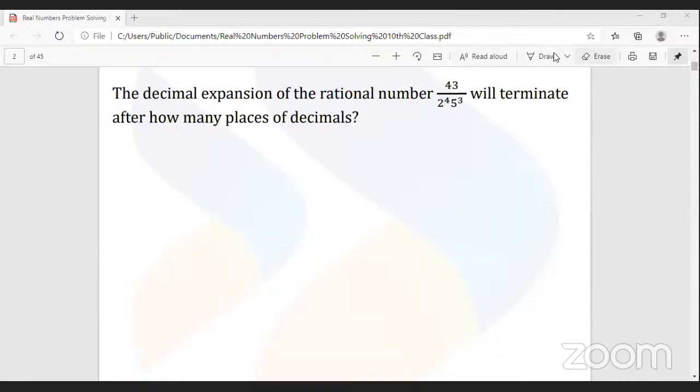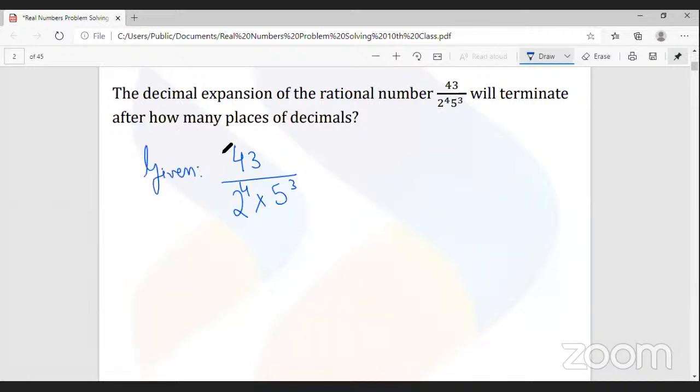So why is 4 the answer? Let's discuss the solution now. This is a rational number, 43 upon 2 raised to the power 4 into 5 raised to the power 3. We have to find after how many places of decimal it will terminate.